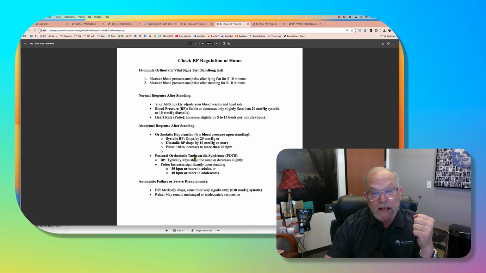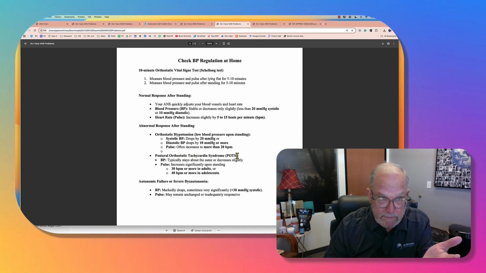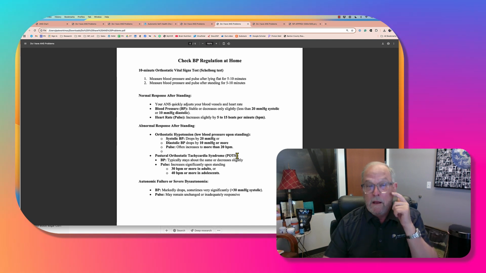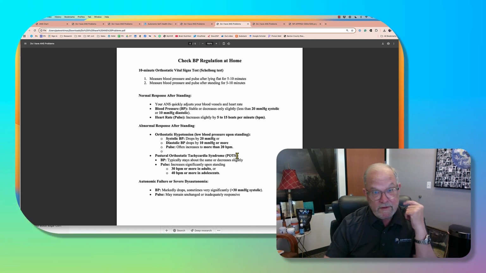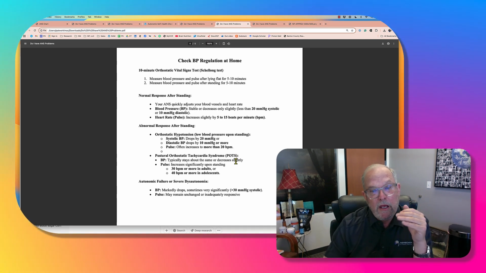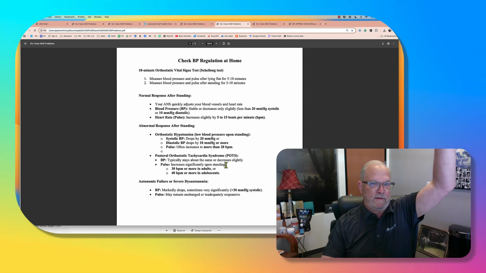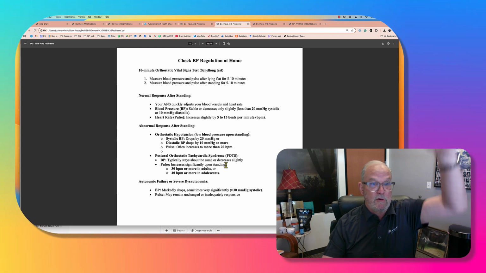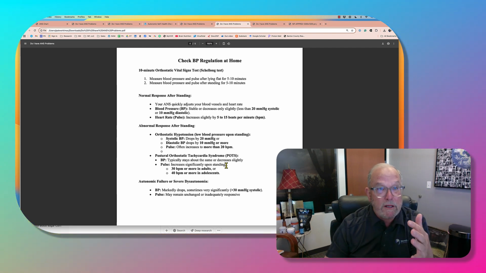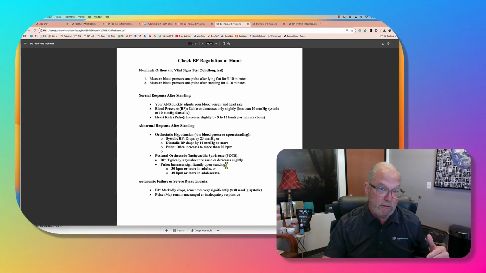If you have POTS, or postural orthostatic tachycardia syndrome, and this is becoming very common after COVID infection, your blood pressure is about the same. It doesn't drop at all, but your pulse takes off, like goes crazy. Okay, 30, 40 beats more from where you were when you were laying flat.